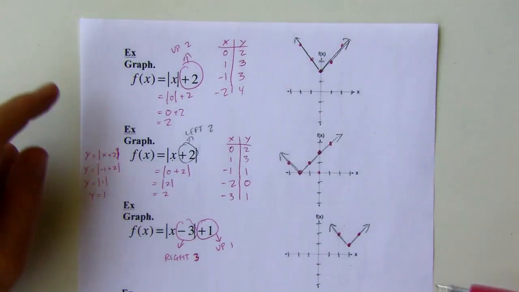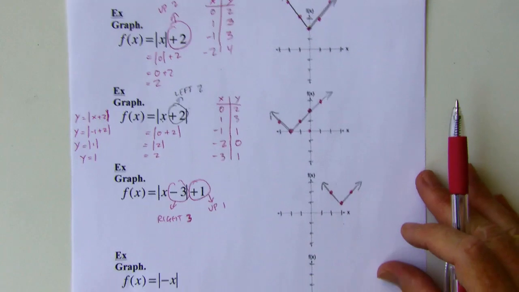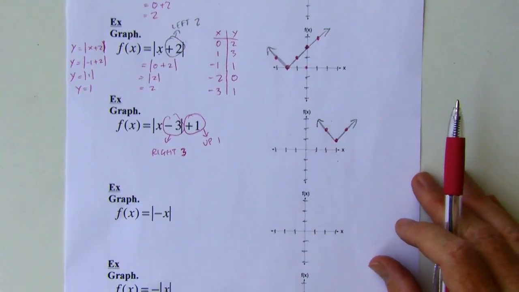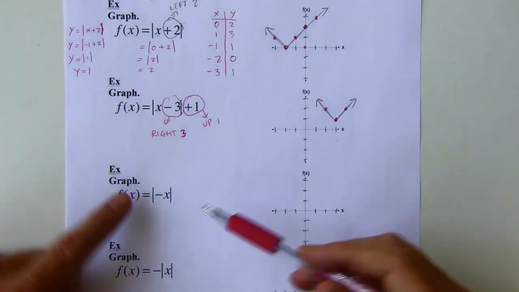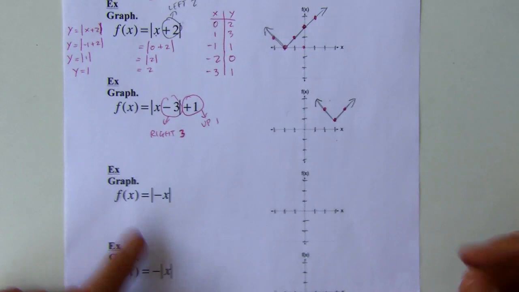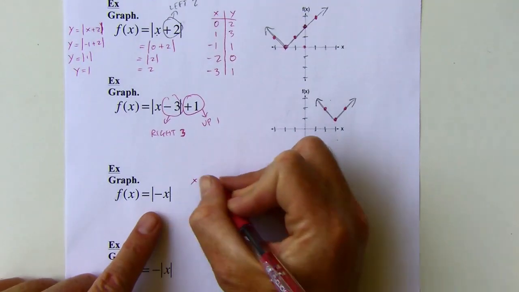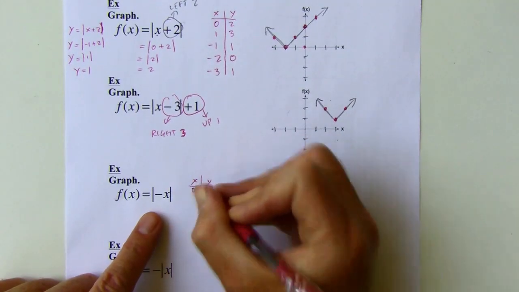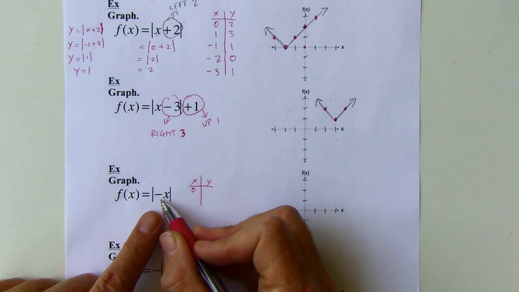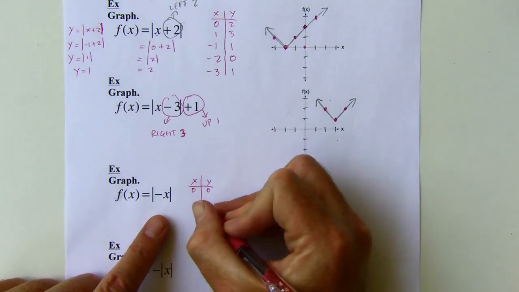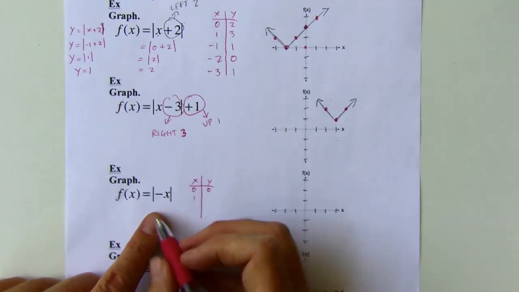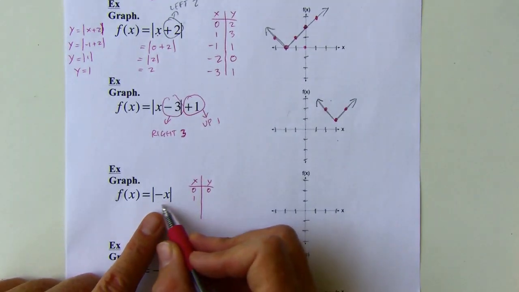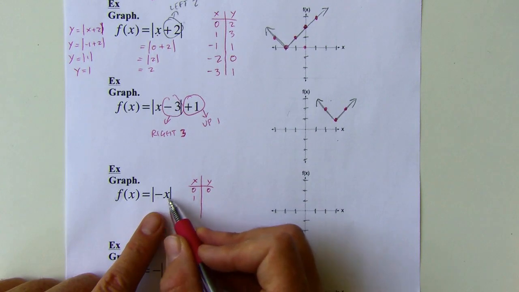This gets a little trickier when we add this new component. Now we're going to have some negatives in the mix. So let's make an XY table. I'll just do this in my head. A negative 0 is just 0, so the absolute value of 0 is 0. When I plug in a 1, I'm going to have the absolute value of negative 1, because I got negative 1 in there.